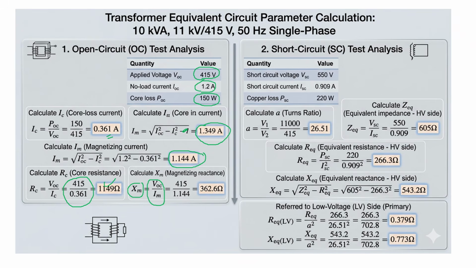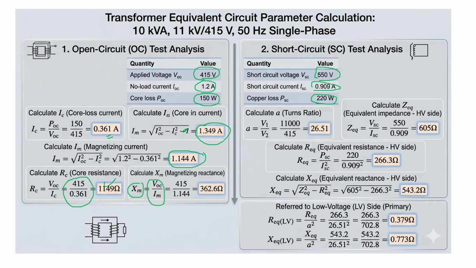From the measurements obtained, this is the short circuit voltage magnitude applied. This is the short circuit current measured, whereas the copper loss obtained is this magnitude. So we can calculate the total equivalent impedance.